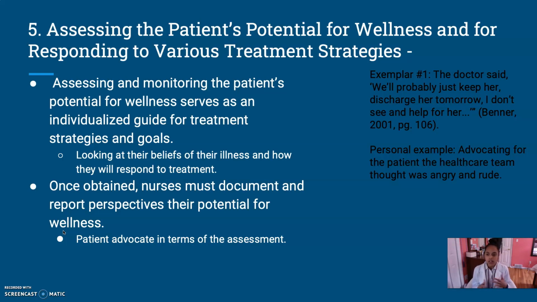The doctor did not think that the patient had a potential for wellness or to comply with treatment, but the nurse knew that she could. So she convinced the doctor to assess the patient a little more, and the doctor got to see the nurse's perspective on that patient, that the patient can comply with the treatment and should stay longer.